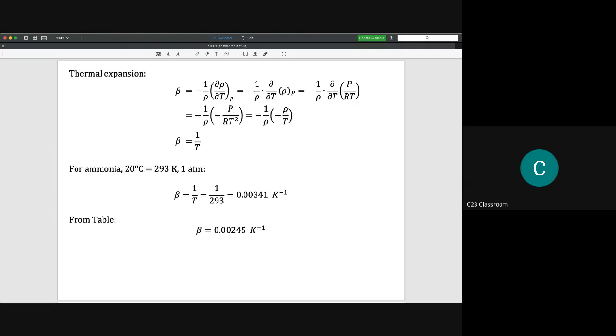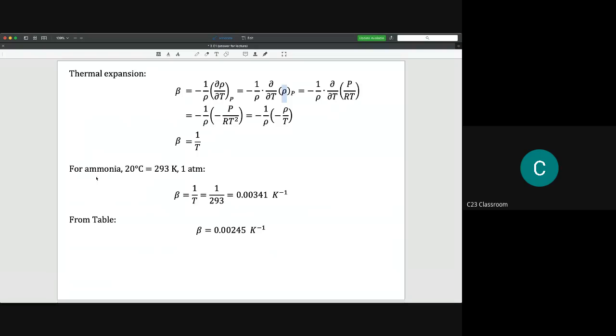So we bring out the dT here, because in this situation we are discussing 20 degrees Celsius. And then we could replace the rho here with P over RT, and then we could substitute, and finally we could cancel the value of rho here, and finally we have 1 over T.